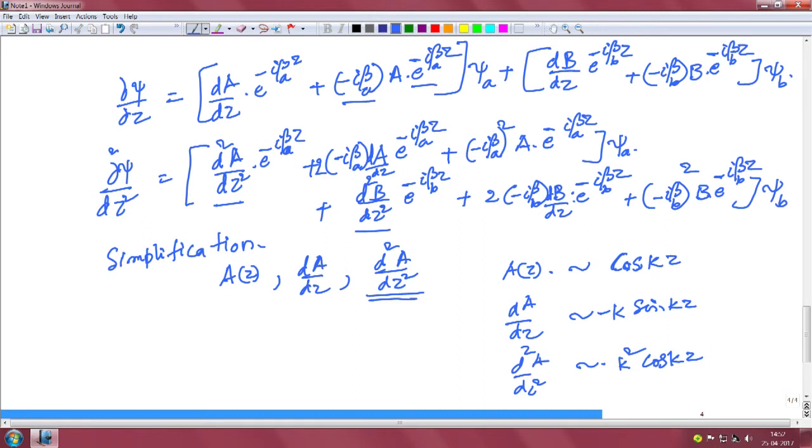So we will look at only the amplitude parts and say that A goes as unity, and so I will put just the squares of it. The first derivative goes as something proportional to k, and the order of magnitude for the second is k square.